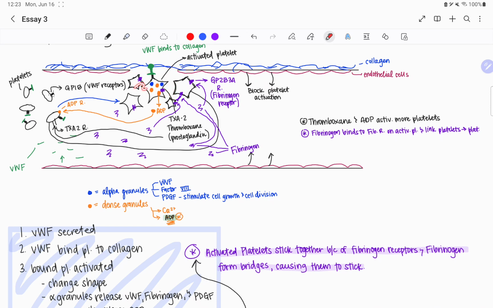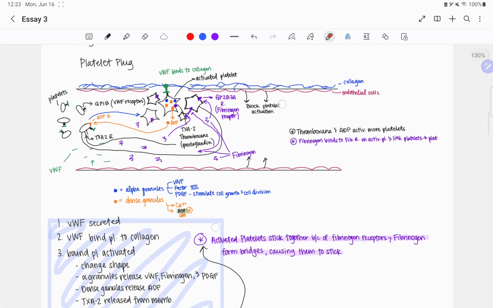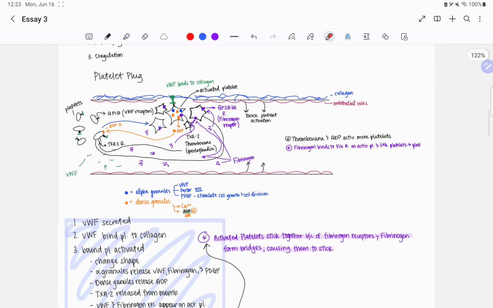Okay, and then as these all start coming together, getting more and more to cover up this area, fibrinogen is attaching to these fibrinogen receptors, and we're creating these little bridges that help us stick together. And that's a really important part of the platelet plug.